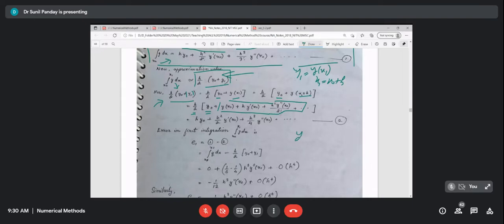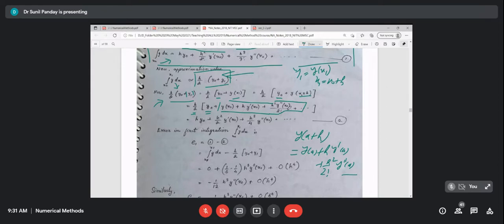Like there is another form of y of a plus h. If you remember, its Taylor series expansion is y of a plus h y dash a plus h square upon 2 factorial y double dash a, and so on. So we have expanded y of x naught plus h by Taylor series expansion.